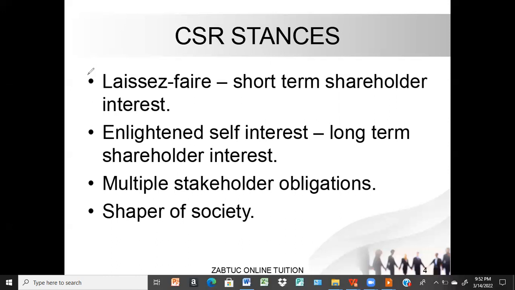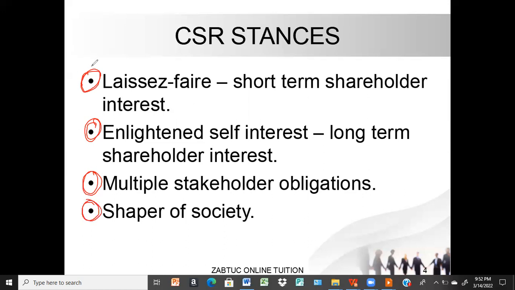That's a position you can take here. Laissez-faire short-term shareholder interest, that's what you see to be your responsibility. Or long-term shareholder interest. Or you may adopt this view, multiple stakeholder obligation, or you may ambitiously see yourself as being at that level.